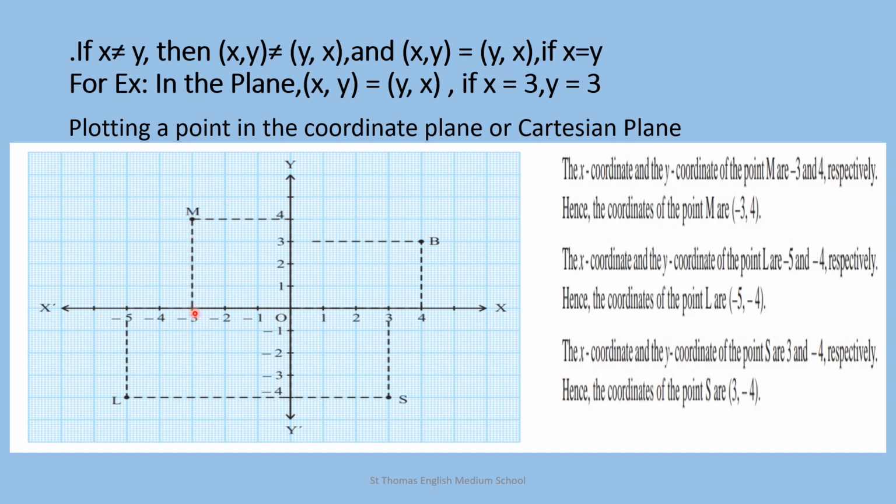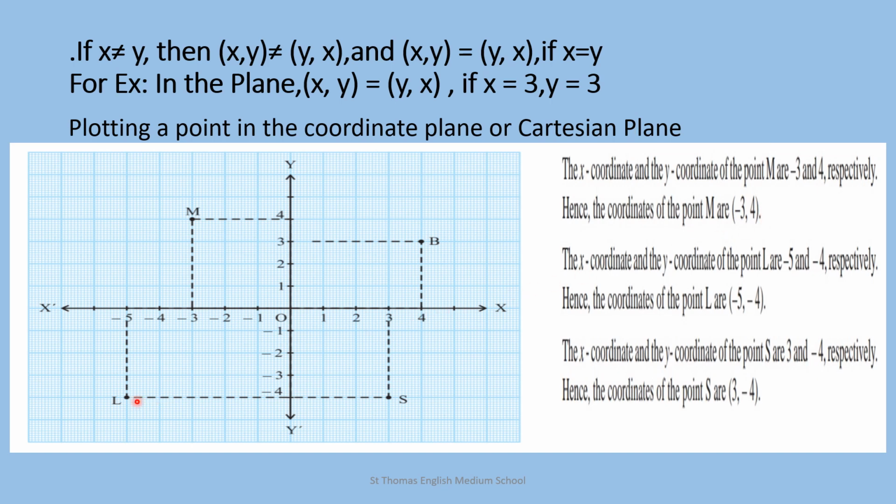Wherever it intersects the x-axis, that is its x-coordinate, and draw a perpendicular line to the y-axis. Wherever it intersects the y-axis will be its y-coordinate. Here the x-coordinate of M is -3 and the y-coordinate of M is 4. So the coordinates of M are denoted by (-3, 4).